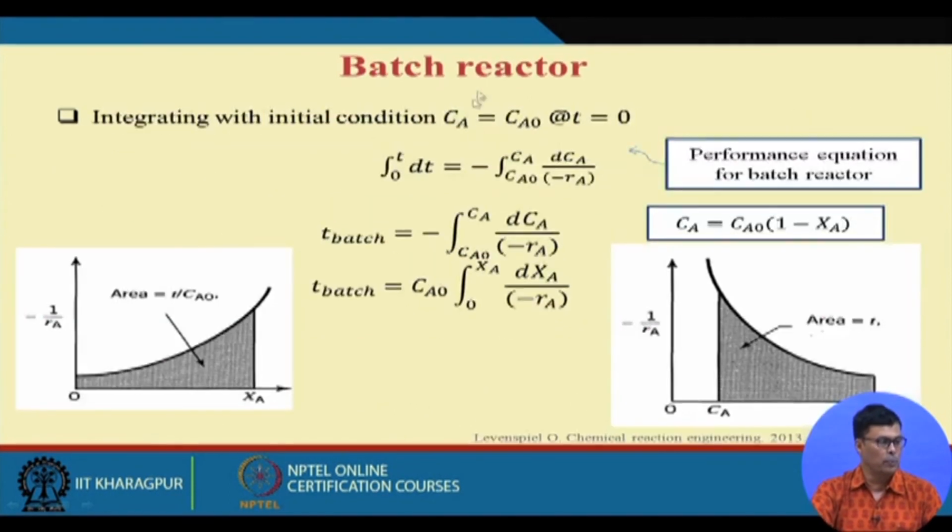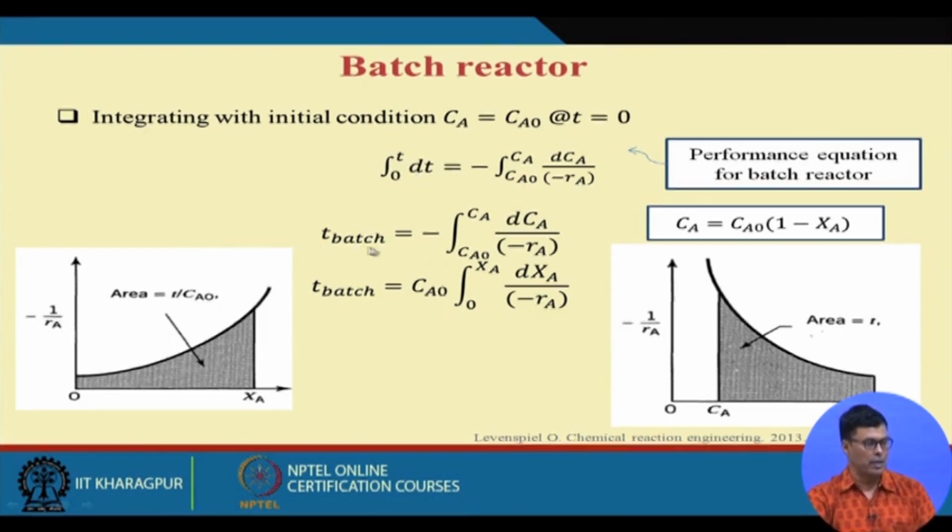At t equal to 0, CA is equal to CA0, so the integration is from 0 to t, and CA0 to CA of dCA by minus RA. This is equal to t batch.